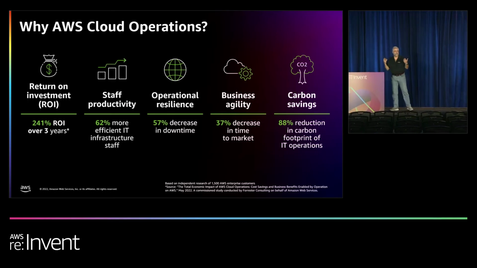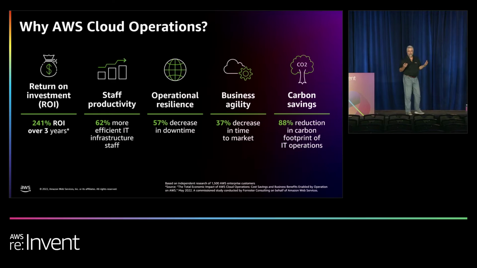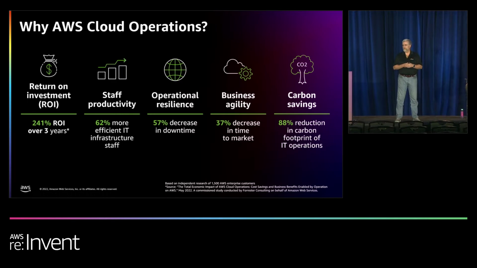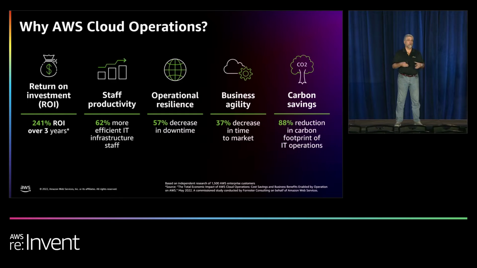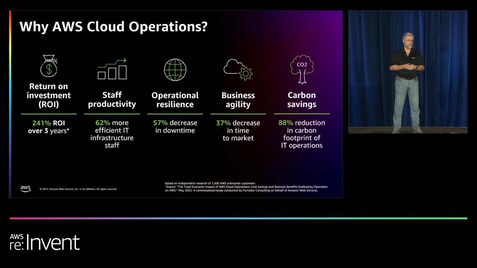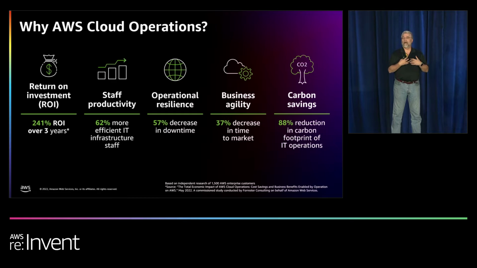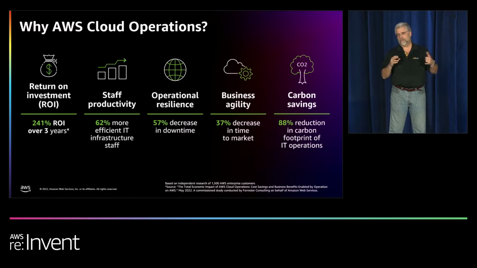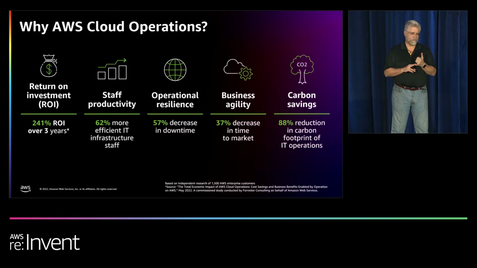Before we dive into the actual topic, how does this fit into the overall CloudOps story? Cloud operations is something we announced about a year and a half ago, which is a way of helping you, customers, take advantage of all the infrastructure and all the things that we've done on top of AWS, so that you can leverage that when you're running your business on AWS, making sure that you get better return on investment, operational resilience, et cetera.